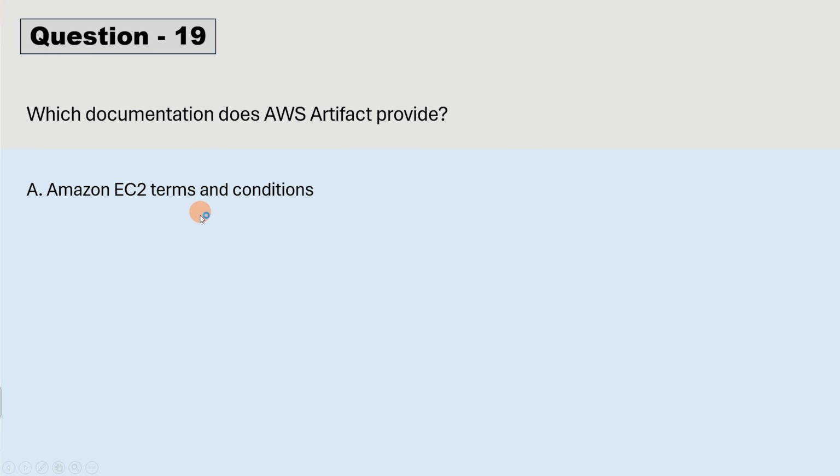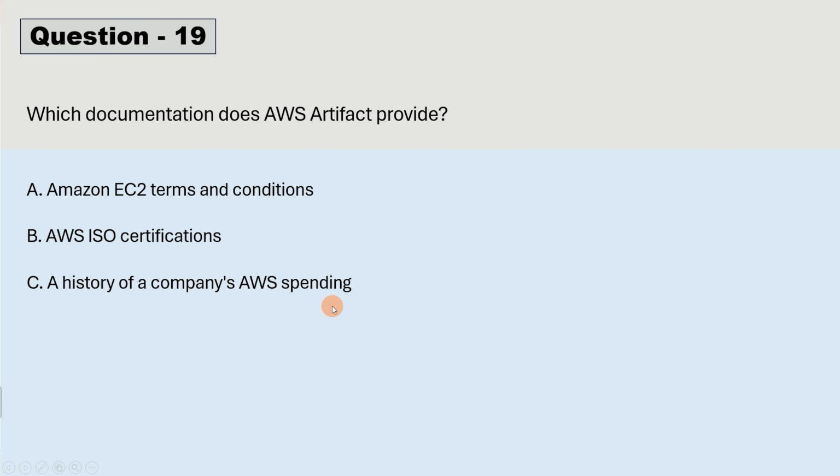Now question number 19. Which documentation does AWS Artifact provide? Here are the options. Amazon EC2 terms and conditions, AWS ISO certifications, a history of companies' AWS spending, Option D, a list of previous generation Amazon EC2 instance types. Again, take your time to guess the correct one.